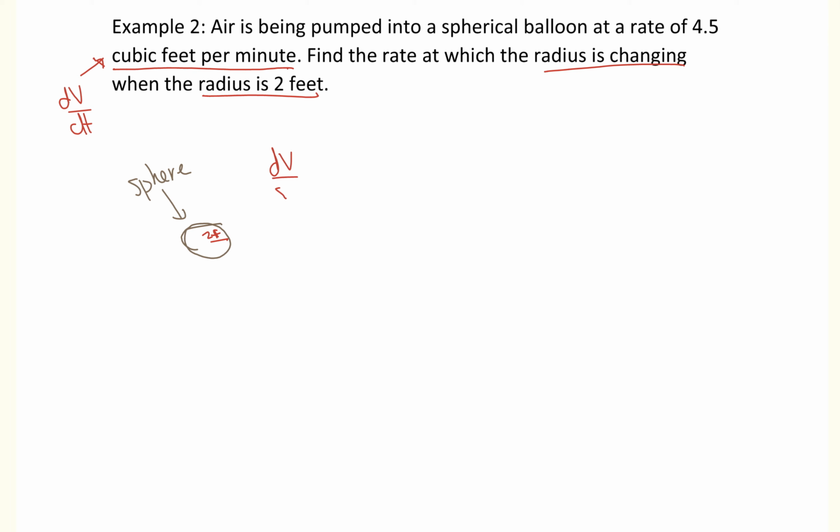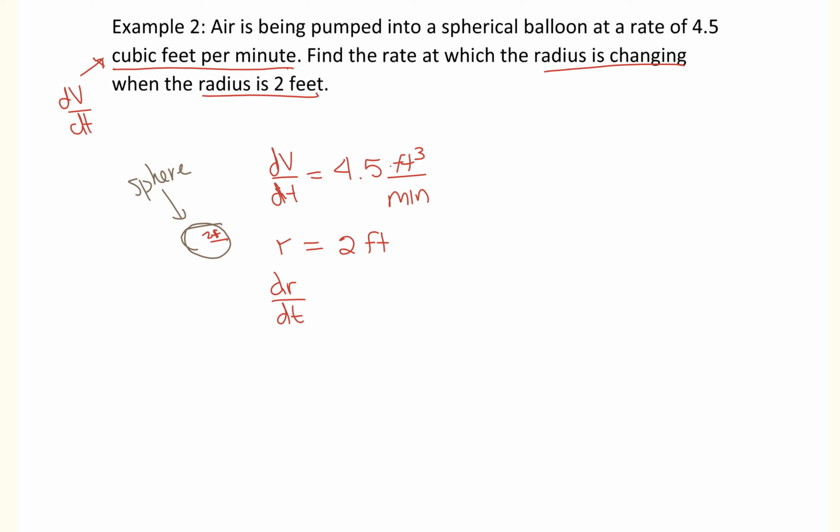We know dV/dt is 4.5 feet cubed per minute. I know the radius is going to be 2 feet, and dr/dt is what I'm looking for.